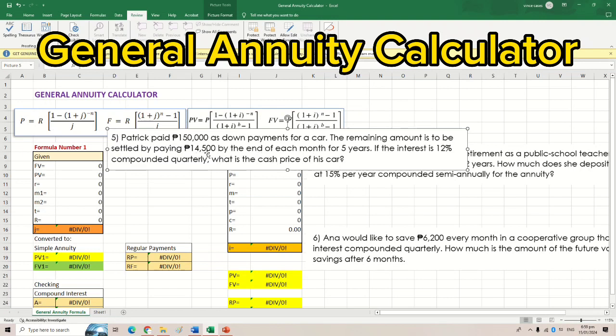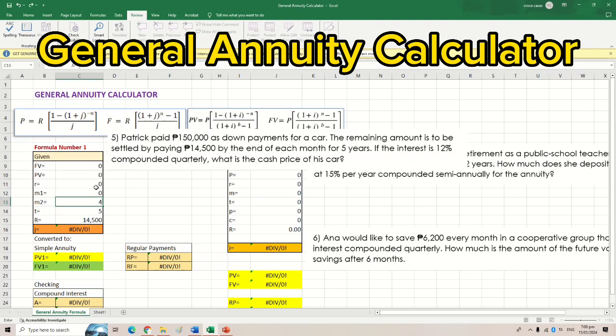Okay, let's list down all the given in the problem. So the remaining amount is to be settled by paying 14,500. So that is the R, 14,500. And then for the span of 5 years. And then M2 is the original number of compounding periods, which is quarterly, that is 4 times a year.